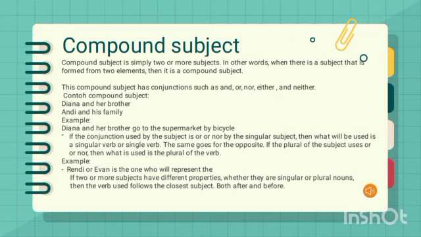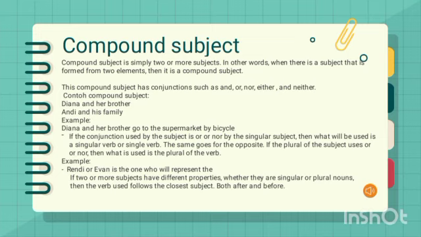If the conjunction used is or or nor with singular subjects, then a singular verb will be used. The same goes for the opposite. If the subjects are plural and use or or nor, then a plural verb is used.